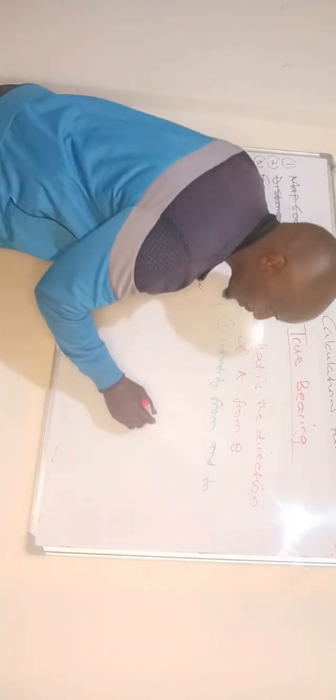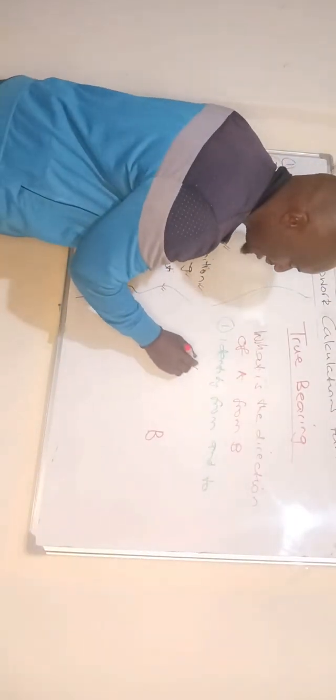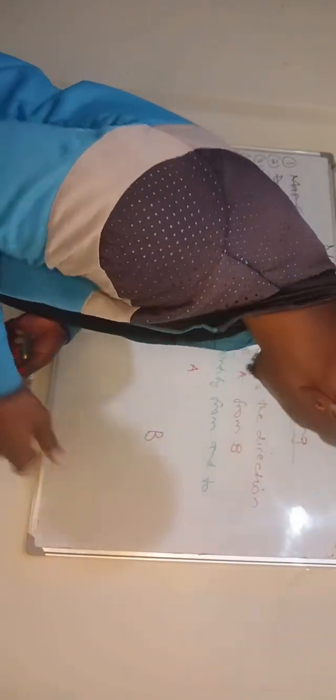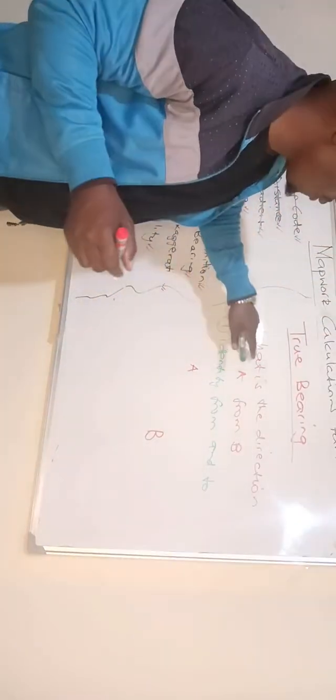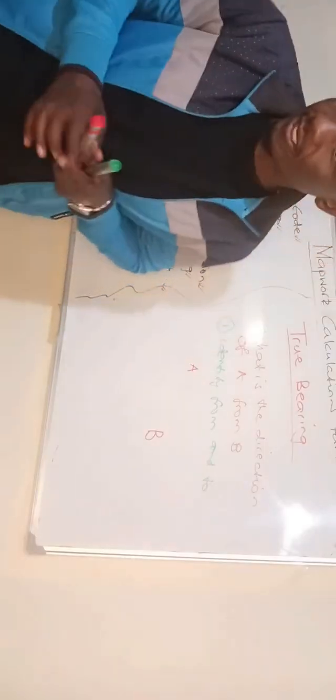Let's assume our B is here and our A is here. So the question is saying, what is the direction of A from B? So what you do when you want to find the direction now, the simplified version, number 1, you draw your cardinal points.